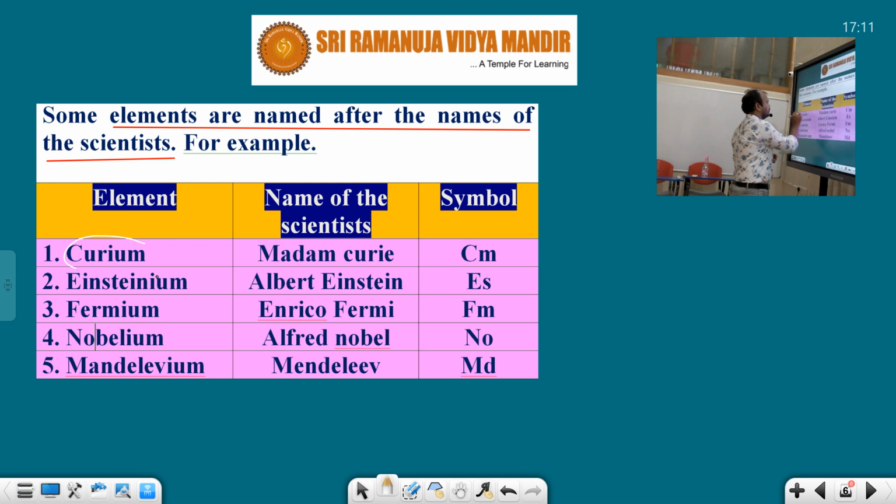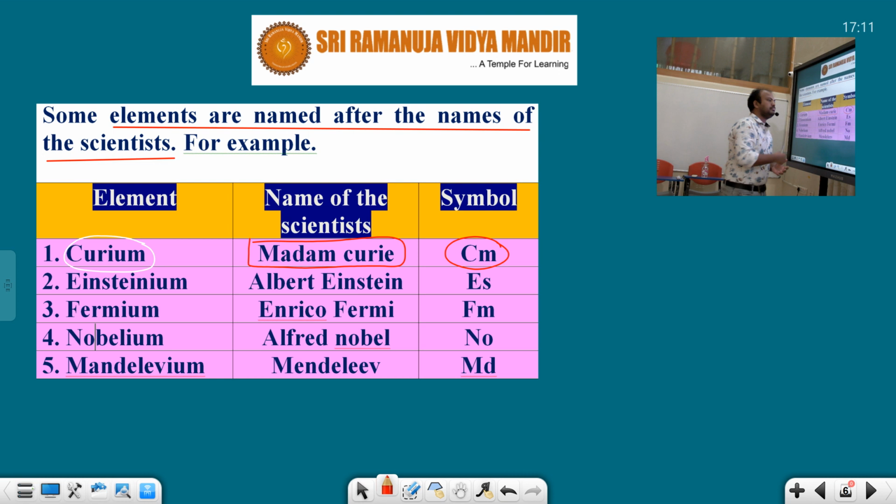How was this name given? From the scientist's name. What is that scientist's name? Madame Curie. From the scientist's name, we write the symbol Cm. That element name is curium, but it is taken from the scientist's name Curie, Madame Curie.